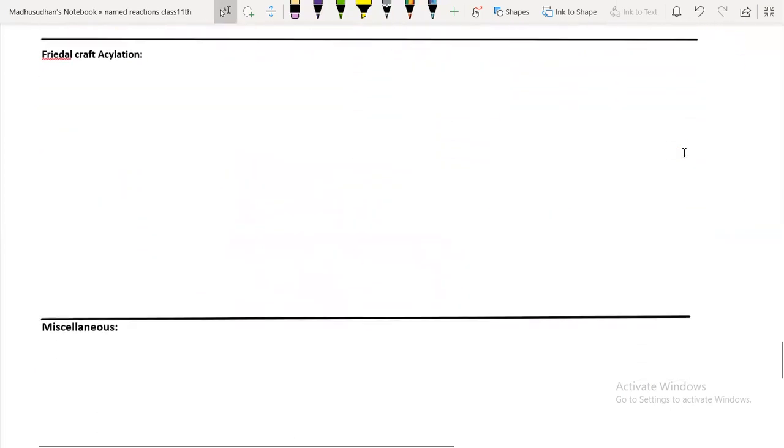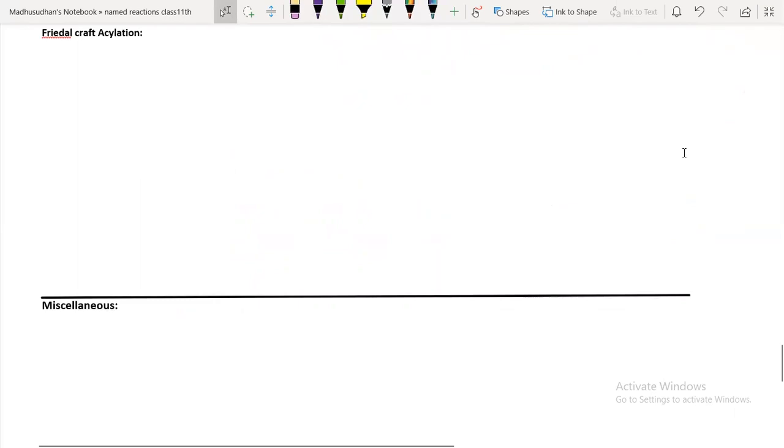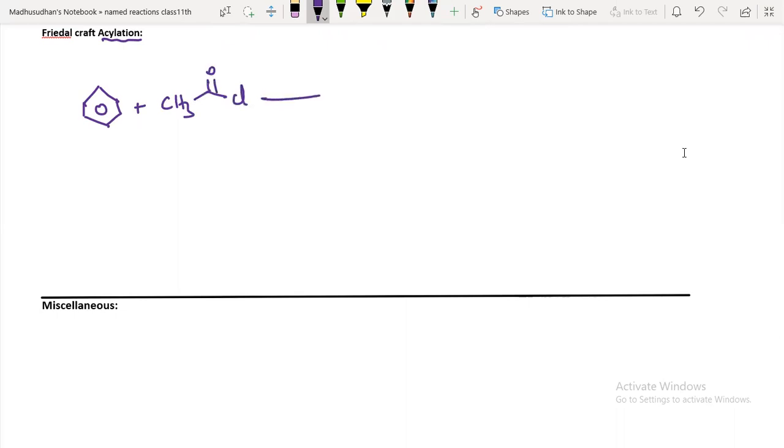Next example, Friedel-Crafts acylation. For acylation, we will take acetyl chloride, the simplest one, CH3COCl, in the presence of again AlCl3. Here, the electrophile formed is CH3C double bond O plus.